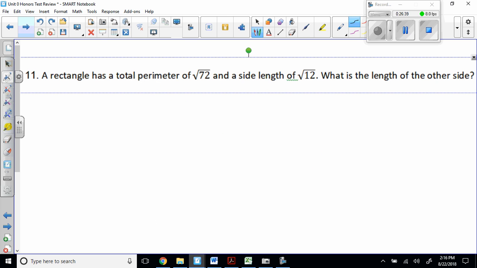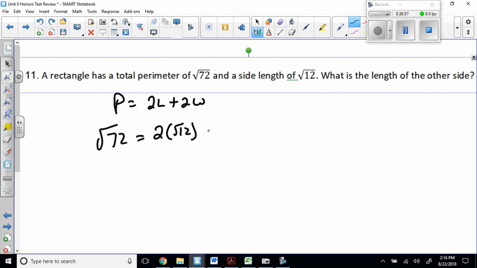All right, next one. A rectangle has a perimeter of square root of 72 and a side length of square root of 12. What is the length of the other side? So here we go. Perimeter equals 2L plus 2W. So square root of 72 equals 2 times the square root of 12 plus 2W. I can split this up, right?